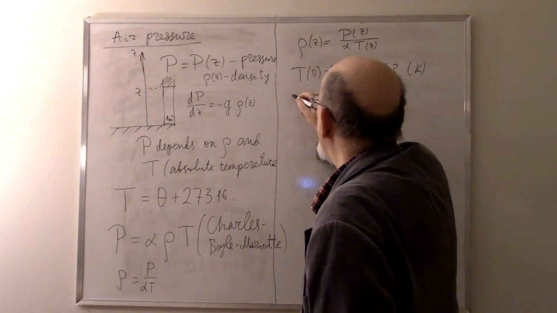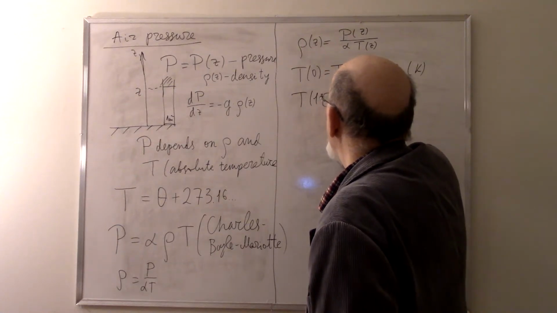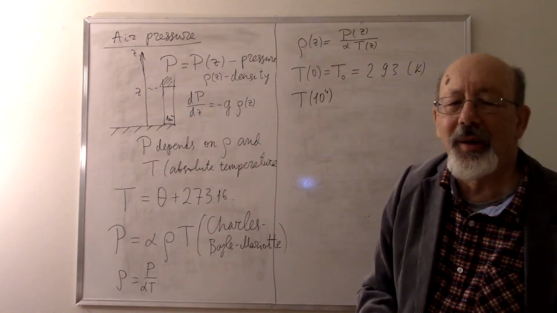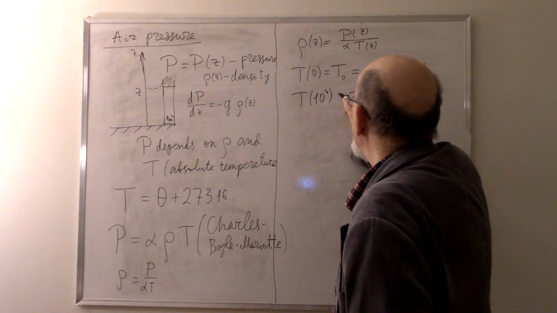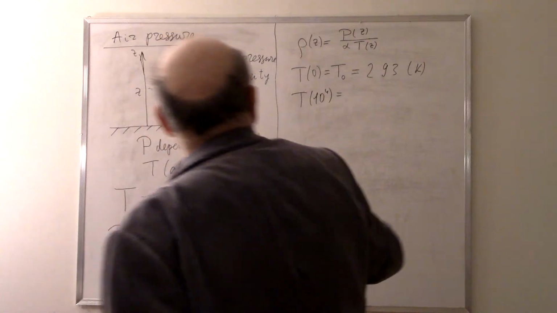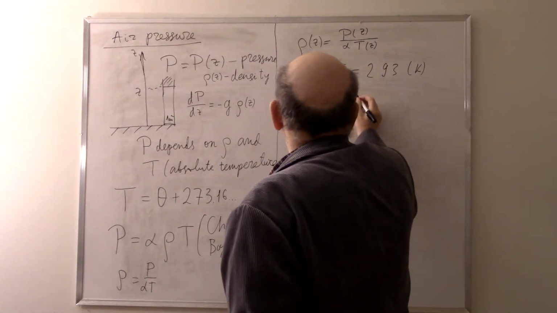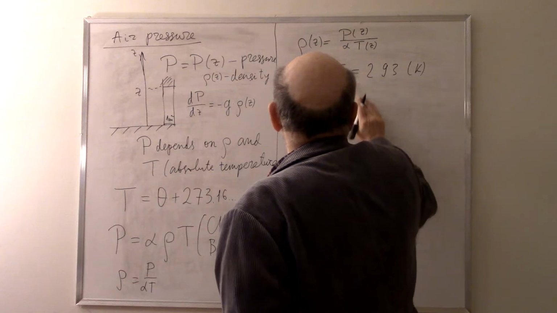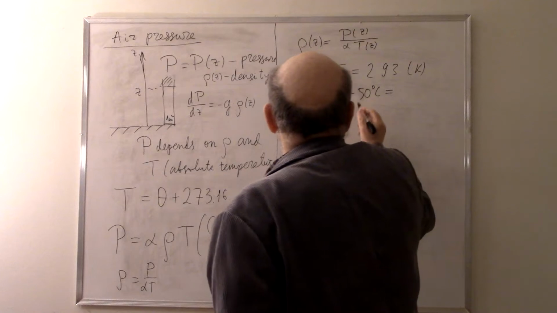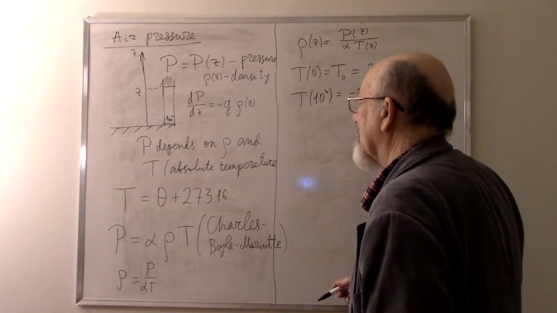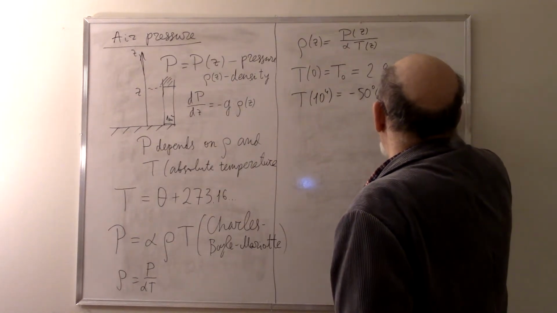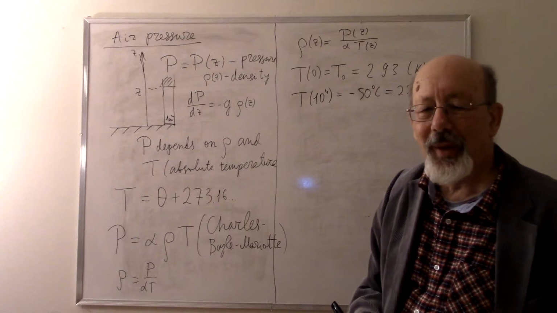And T at the height 10 to the fourth meters, 10,000 meters, is typically minus 50 degrees Celsius, so minus 50 plus 273 is 223 kelvins.